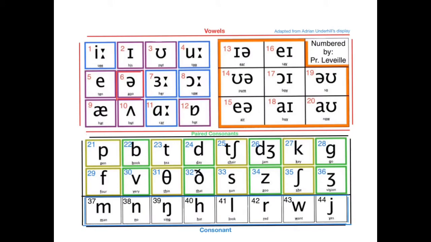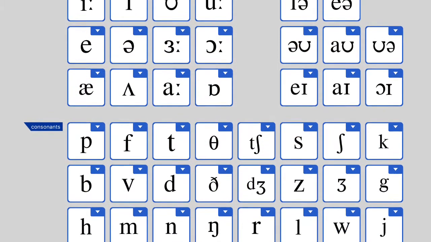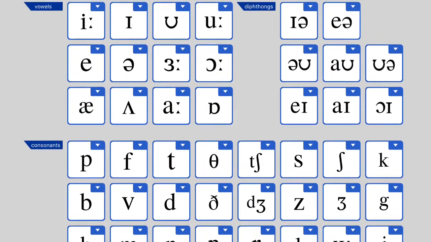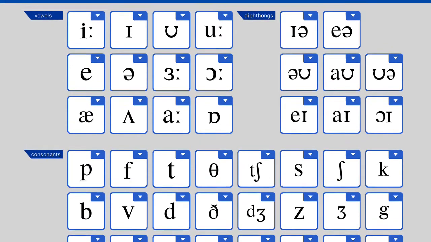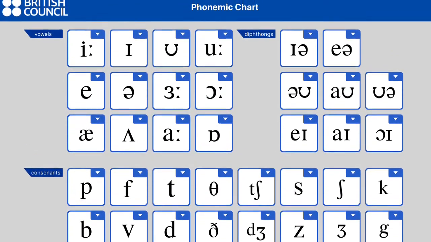Now we see the entire phonetic chart here, where you have all the 44 sounds. We've used the Adrian Underhill display, and the different charts we've used are the phonetic chart from the British Council, of course, for the sound, and we prefer to use the British chart because it's more complete than the American chart.